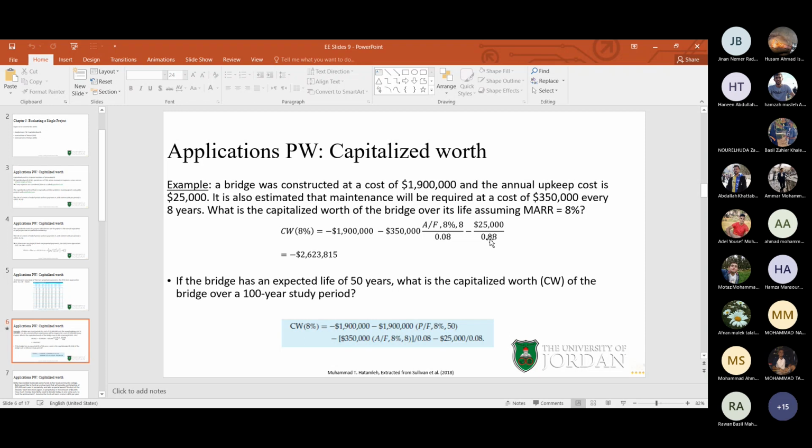So 25,000 divided by 0.08 would give me the capitalized worth for the 25,000 that happens every year.